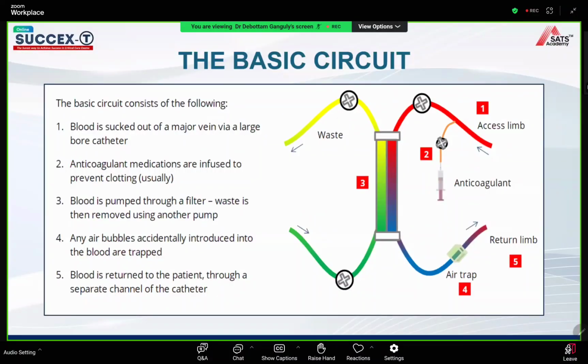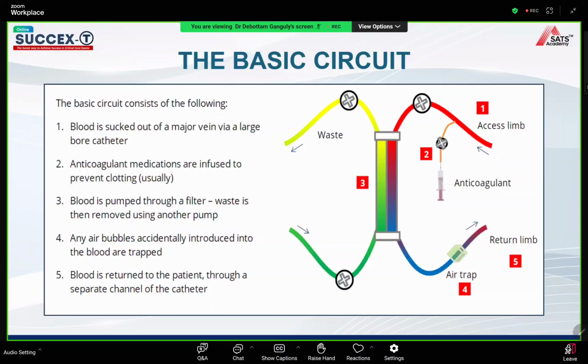So this is the basic circuit. Imagine this as the main circuit for hemodialysis. If you remember this circuit, you can add something to make another modality. If you add some replacement fluid or add dialysate, you can change the modality accordingly. But the basic circuit is like this only.